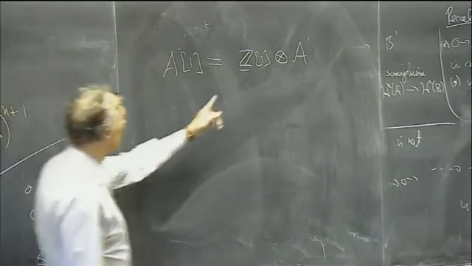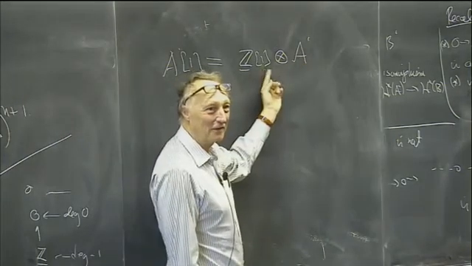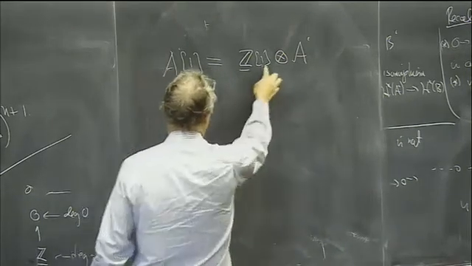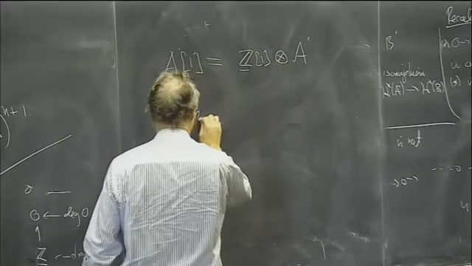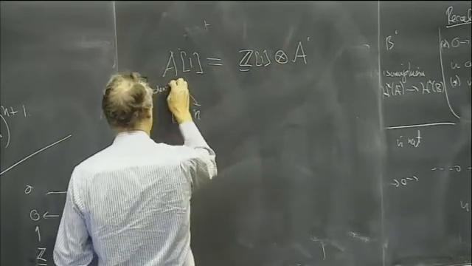If you tensor with a free thing, you just get back what you started with, but the shift has occurred here. And now it's clear what is D of, let's call the generator of this thing eta, which is degree minus 1.